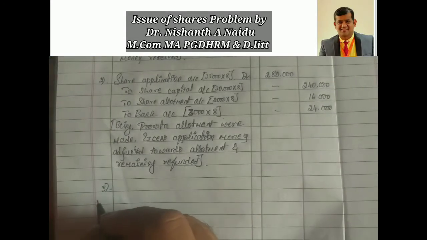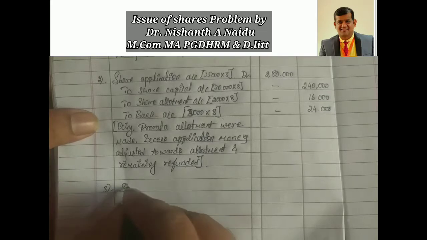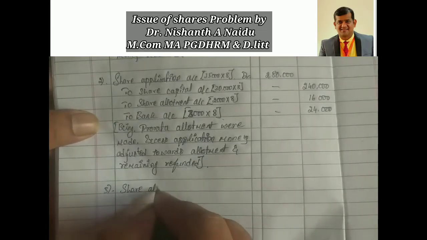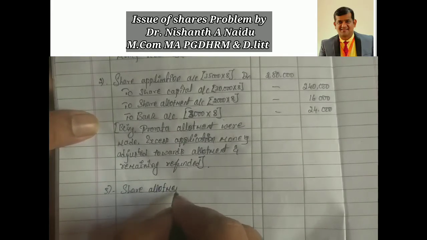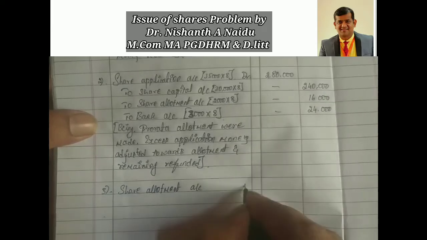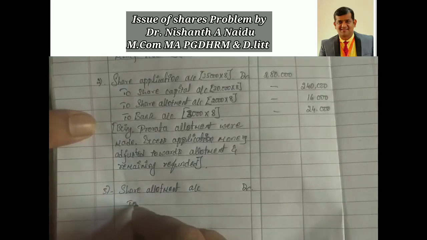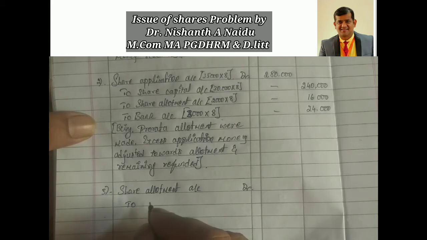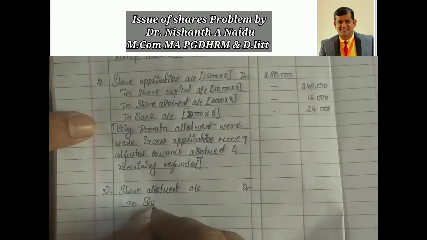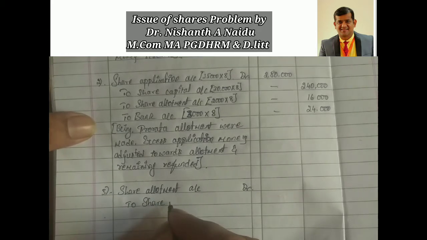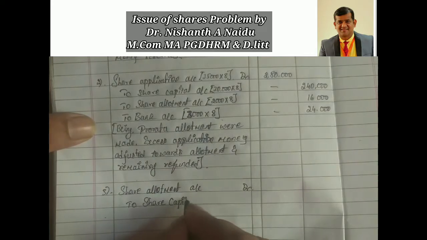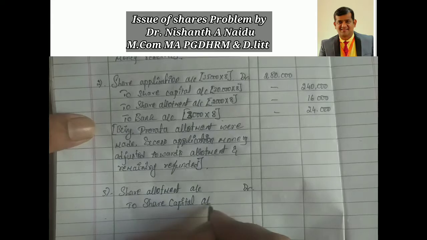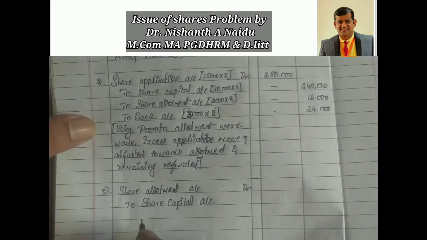Okay, so due entry for allotment, what is the due entry? Share allotment account debtor to share capital account. Is there any premium in this problem? Yes, including premium.